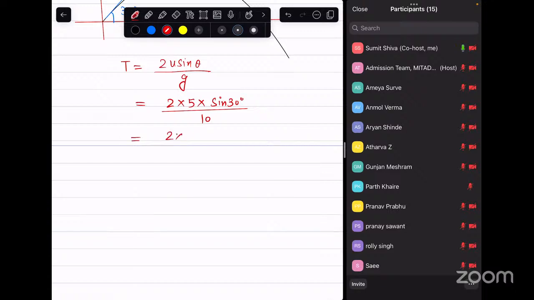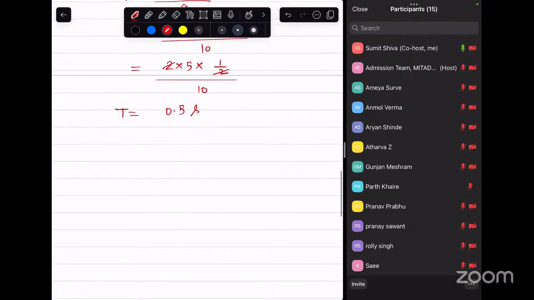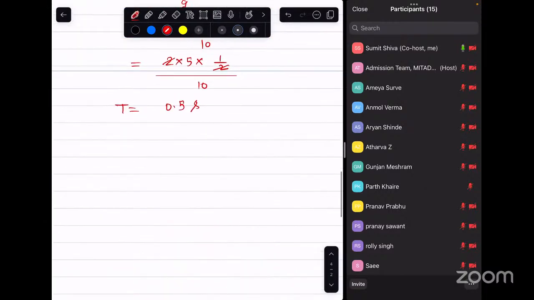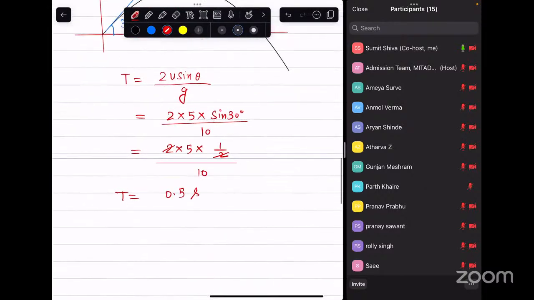So this will be 2 into 5 times sine 30, which is 1 by 2, divided by 10. The 2 factor will cancel out. So time of flight will be 0.5 seconds because everything is in the SI system. So time period T will be in seconds. Next we have H max. So what is the formula for H max?